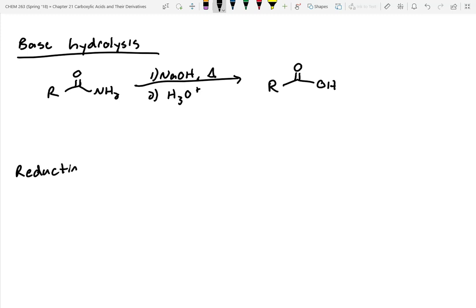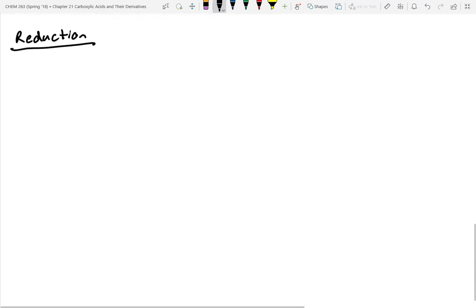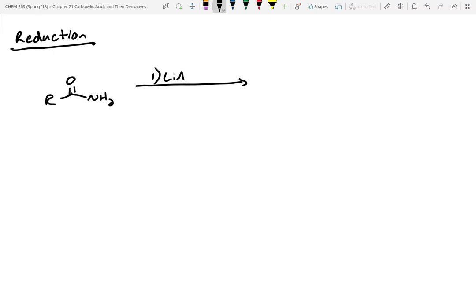This is a reduction reaction. And we're really not going to get into the mechanism of this because it is bizarre. If you have an amide, you can treat it with a strong reducing agent like lithium aluminum hydride in excess, followed up with a wash with water or weak acid.